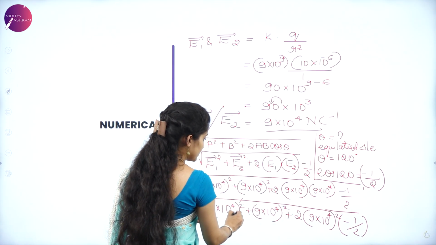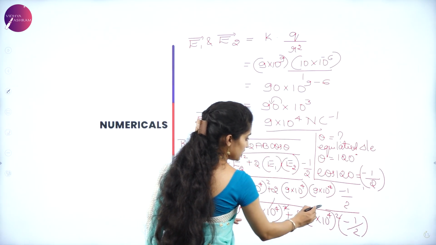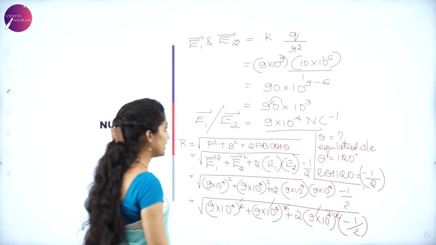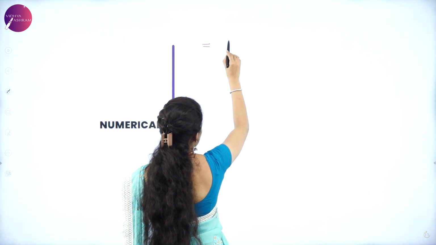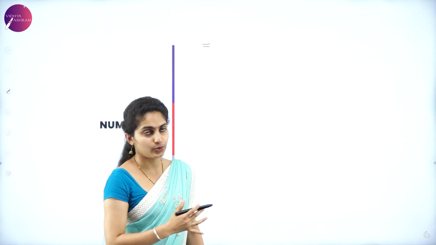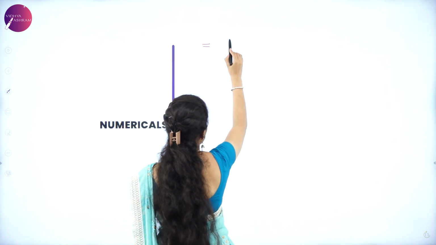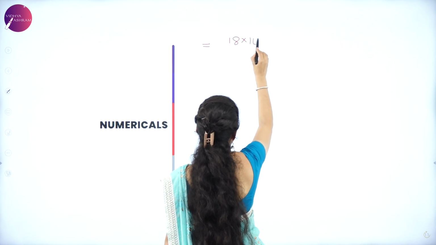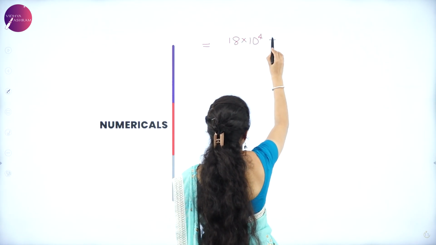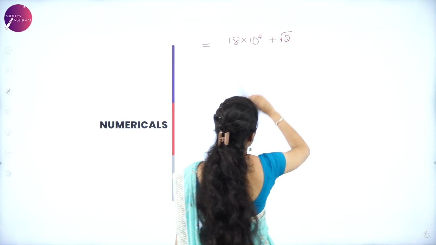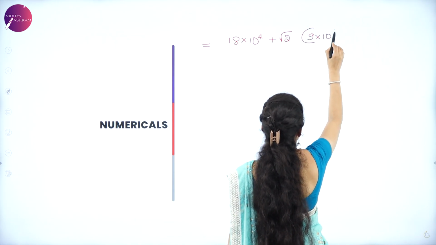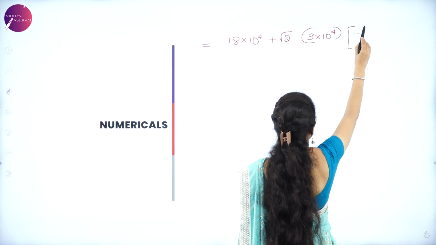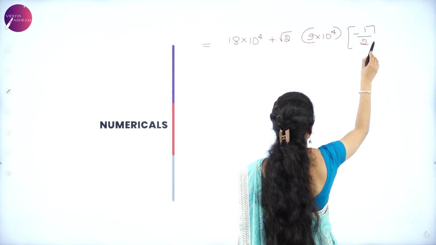So the square root cancels with this, root cancels with this and this cancels with this. So we are left with, on solving that, 9 into 10 to the power of 4 plus 9 into 10 to the power of 4 was remaining. So it is 18 into 10 to the power of 4 plus root lies only for 2 and we have 9 into 10 to the power of 4 and here it is minus 1 by 2.